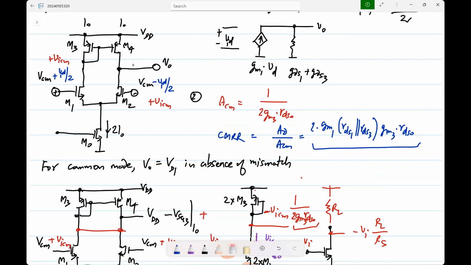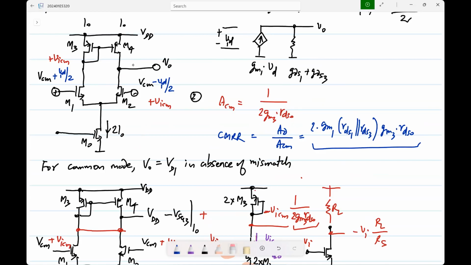Now, if the current changes, then there will be some change in the current there and you will have some change in the voltage. This is also why at high frequencies you will have a parasitic capacitance from here to ground. So if you have a high frequency common mode signal, then instead of GDS0, you will have whatever impedance you have at high frequencies.